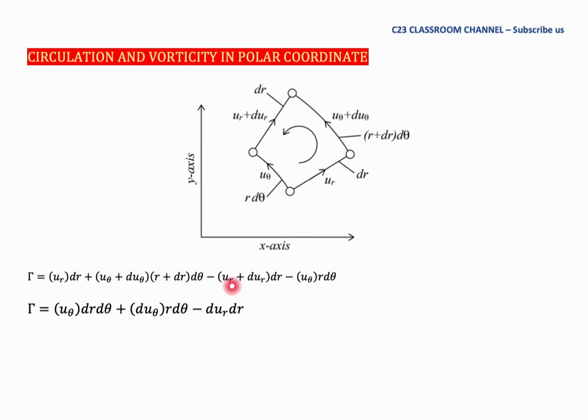So when we solve this equation, we get that the circulation for the polar coordinate can be written as u theta dr plus du theta r d theta minus dur dr.